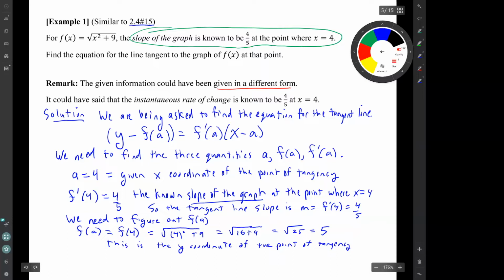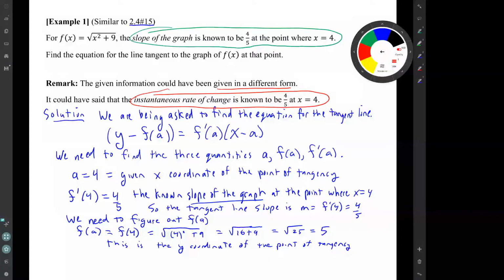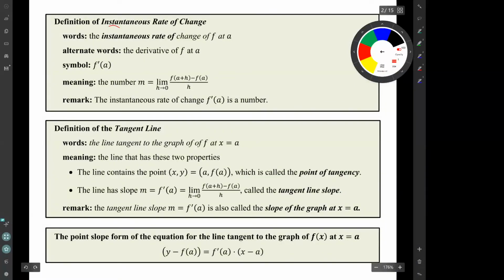They could have said the instantaneous rate of change is known to be 4/5 at x equals 4, because remember what we observed before when we recalled our definitions of things. The instantaneous rate of change of a function at x equals a is the same as the slope of the line that's tangent to the graph of f at x equals a.